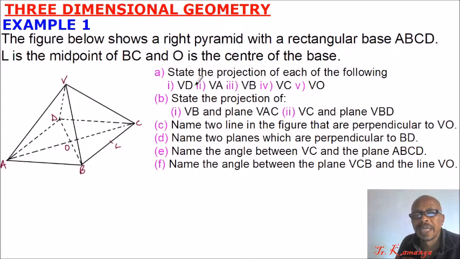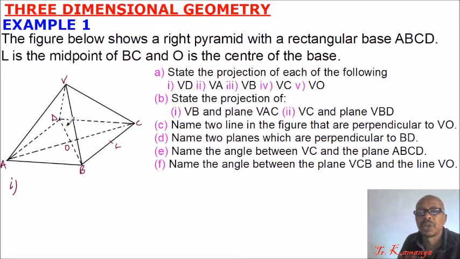So part A of this, we are told state the projection of each of the following. The first one, Roman number 1, we are told VD. VD is this line. So the projection of VD is OD.